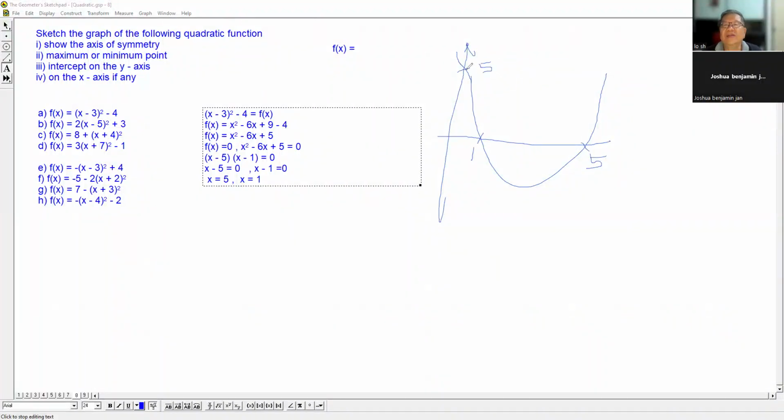This is the y-axis. Why? Because the c here is 5.